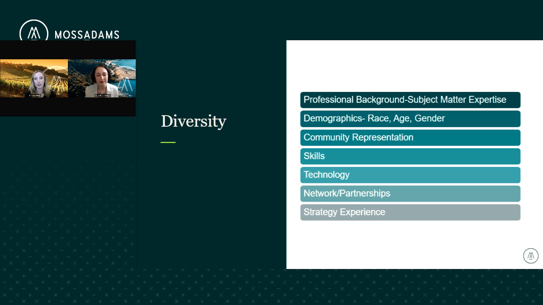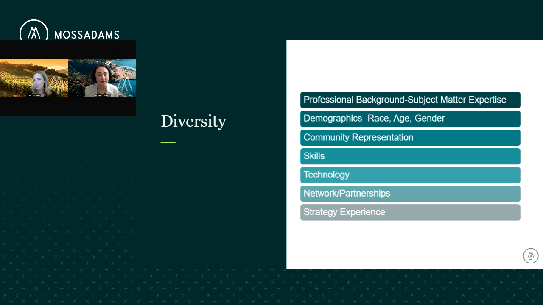Community representation. Maybe, I worked for an organization for a long time and we covered 17 counties across Western Washington. So it was really important for us to make sure that we had cross-representation across multiple counties. So really thinking about when you're thinking about community representation and how you're serving, what does that look like?